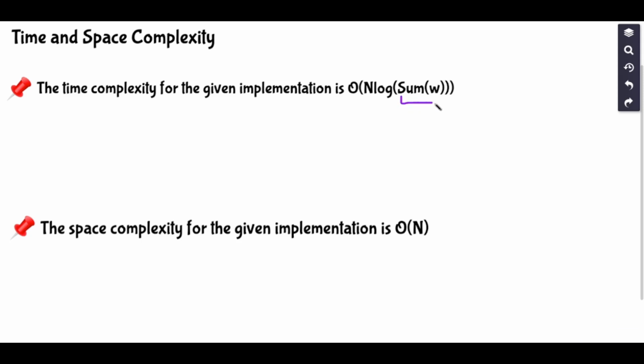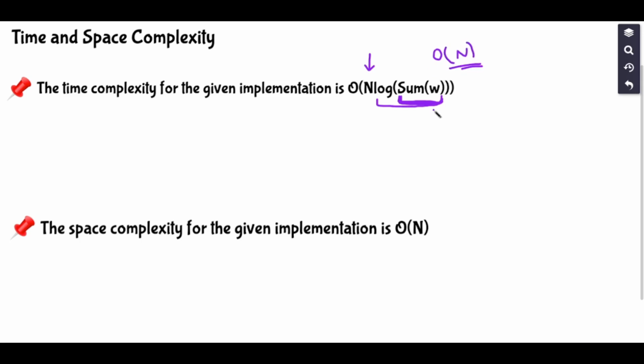That's what this sum is representing, and that is the range of the binary search. So log of sum of w, multiplied by the complexity of the depth first search, because for every iteration of the binary search I'm performing a depth first search, which takes linear time.